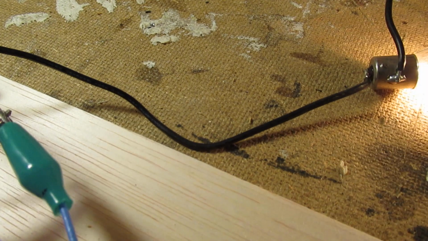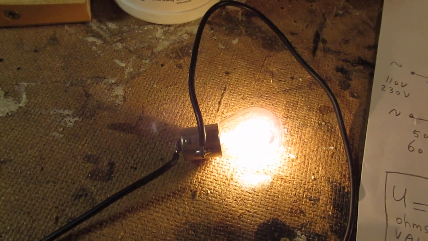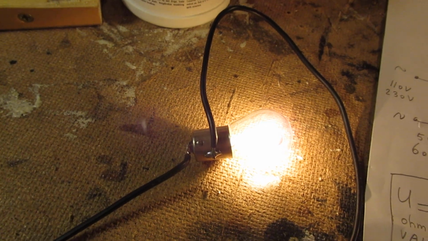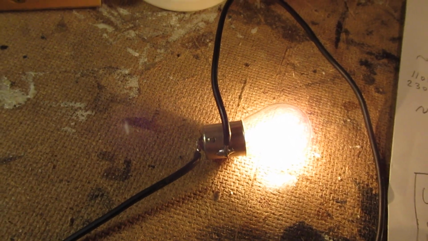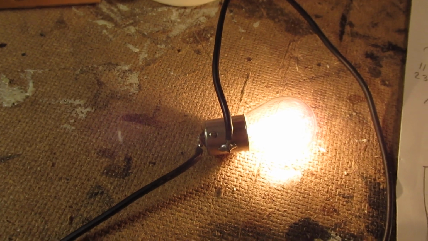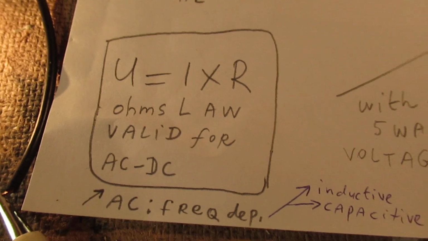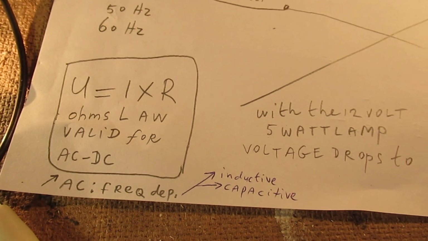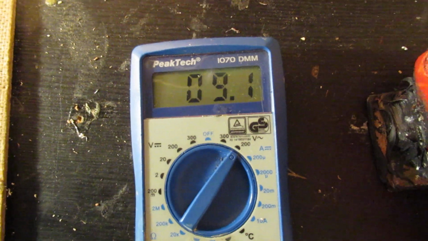When we connect it, you see the lamp light up. Completely logical. The lamp takes up current, Ohm's law is valid, and you can see that the voltage drops to 9.2 volts.